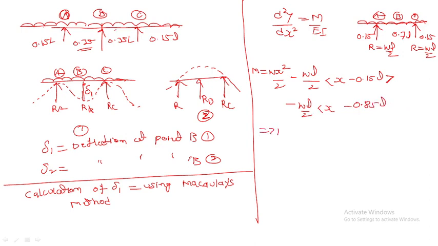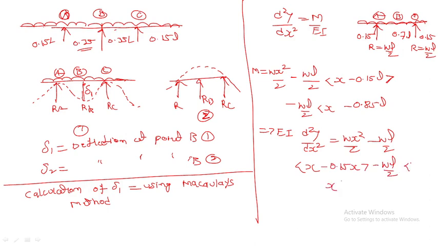So EI d²y/dx² equals Wx²/2 minus WL/2 ⟨x − 0.15L⟩ minus WL/2 ⟨x − 0.85L⟩. Sorry, one minute.